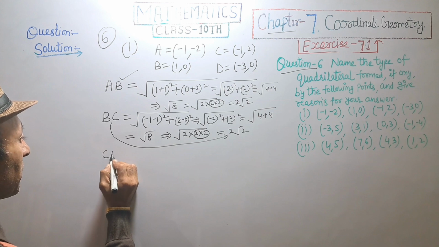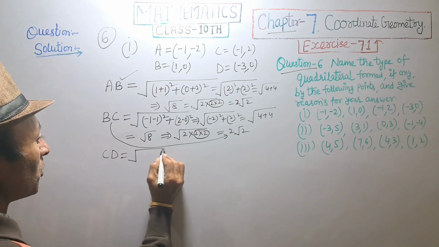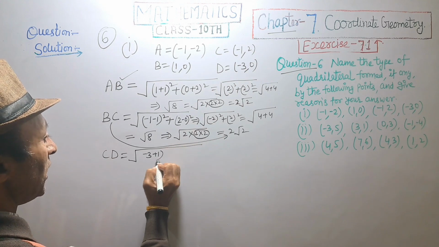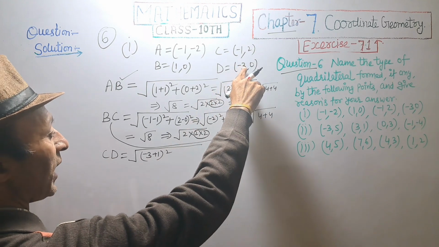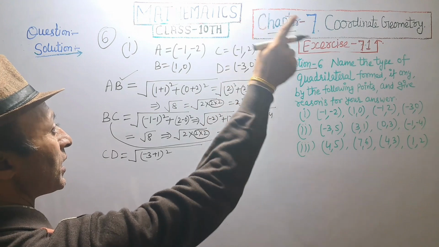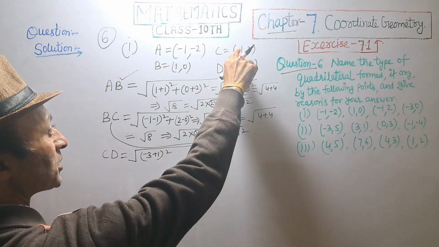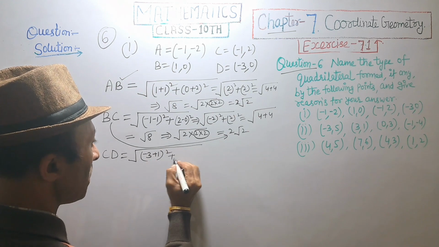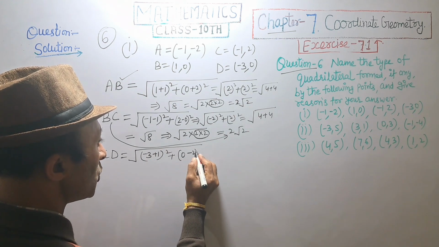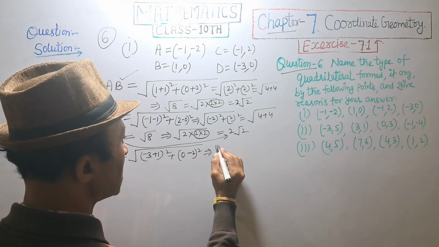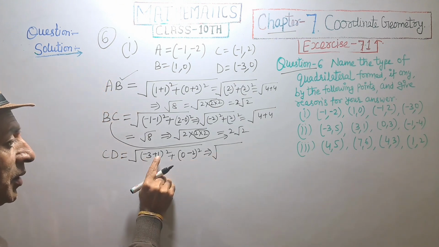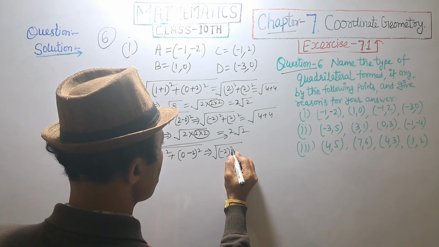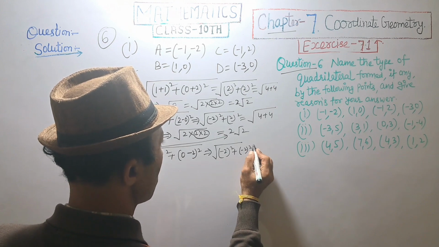And CD by distance formula, C and D: (minus 3 plus 1) raised to power 2, (x2 minus x1) raised to power 2, minus minus is plus, plus (0 minus 2) raised to power 2. This implies under root of (minus 2) raised to power 2 plus (minus 2) raised to power 2.